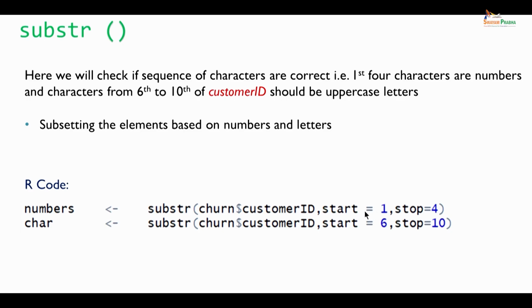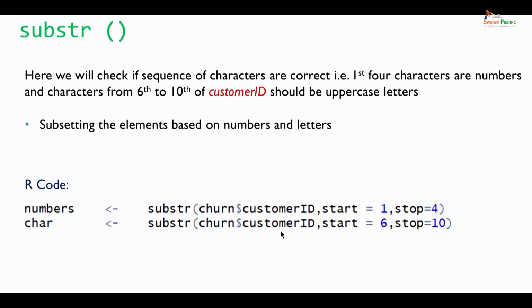I am segregating the first 4 characters to a data frame called numbers. Similarly, I am going to extract the elements from the customer ID which should have uppercase letters. For that also I am going to use the same function substr.